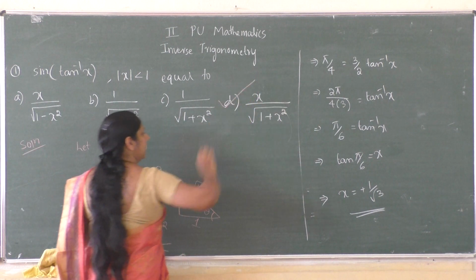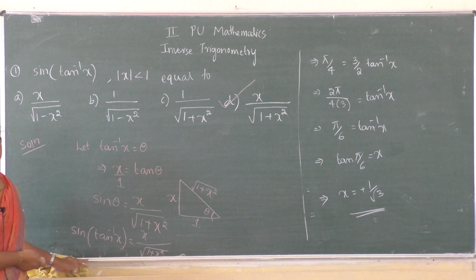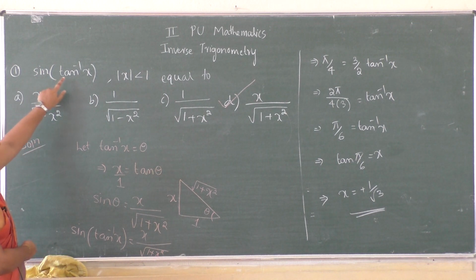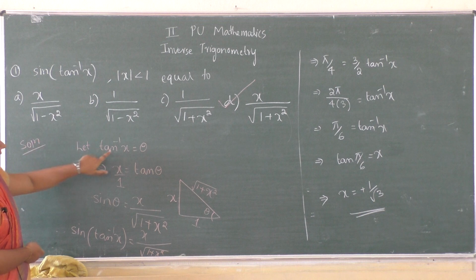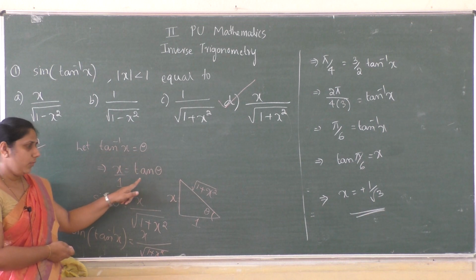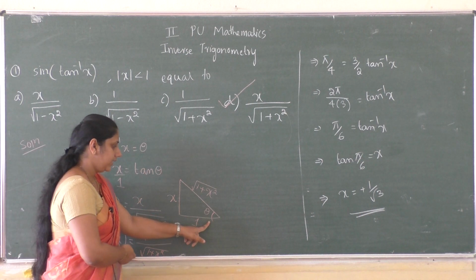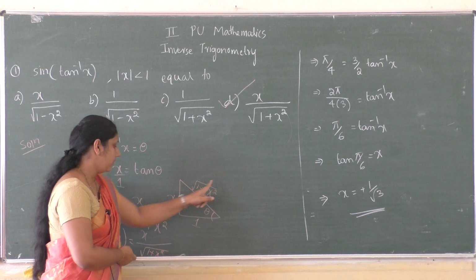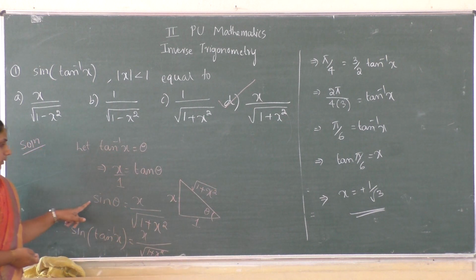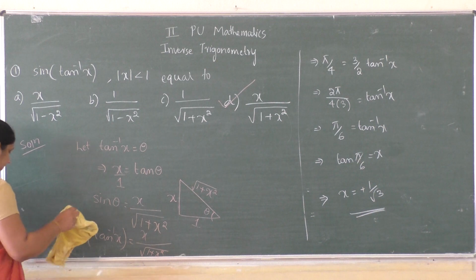Option D, that is x by root of 1 plus x square, is the correct answer. So you have to take tan inverse x equal to theta, then x will be equal to tan theta. Now we have to write this x as x by 1, then take the triangle and find the hypotenuse value. From the triangle you have to take the value of sin theta, then the answer will be x by root of 1 plus x square. So this is the first question, multiple choice.